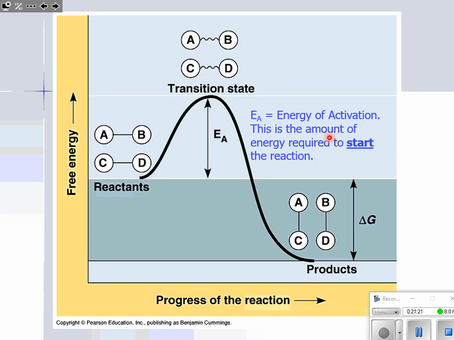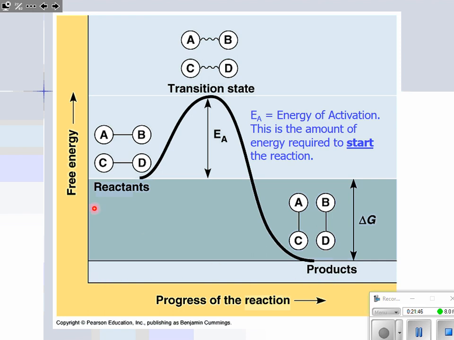Now, let's look at this graph. Notice we have reactants here. This is where the chemical reaction starts. It's the same as the other graphs we looked at earlier. So progress of the reaction down here on the x-axis, that's just time. So we're starting the reaction right here, and then over here is where the chemical reaction is going to stop.